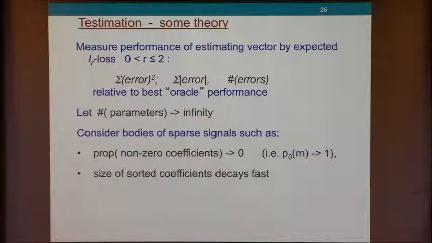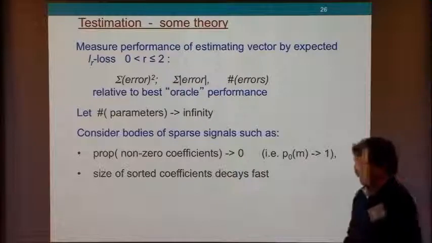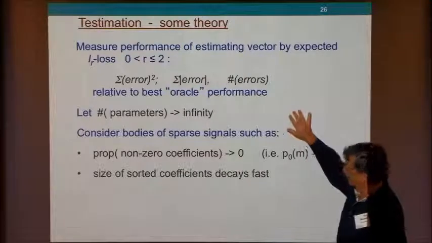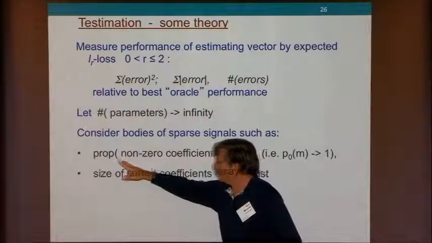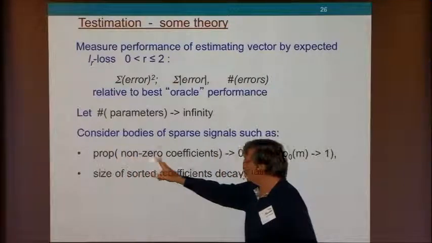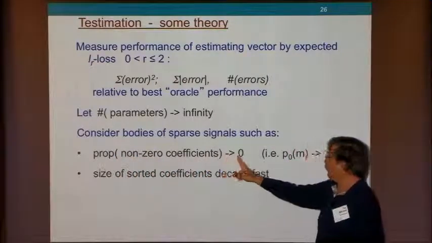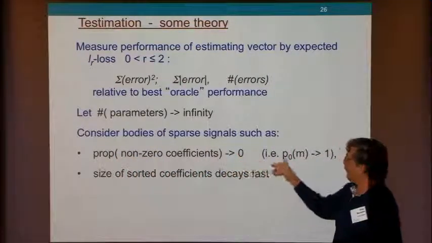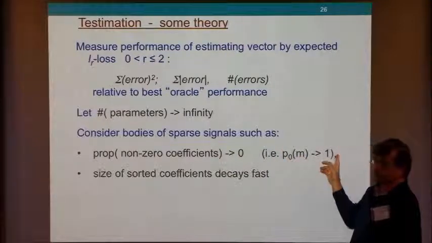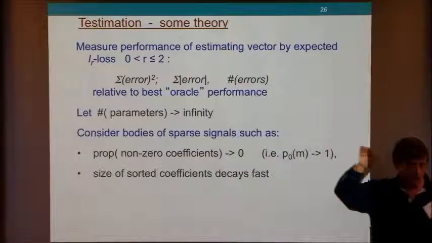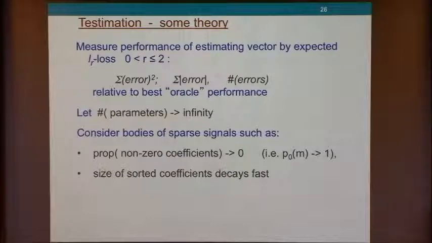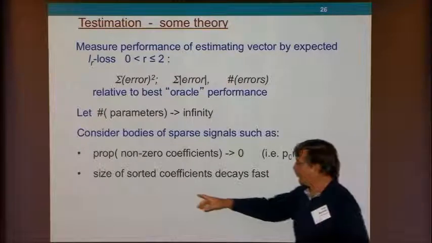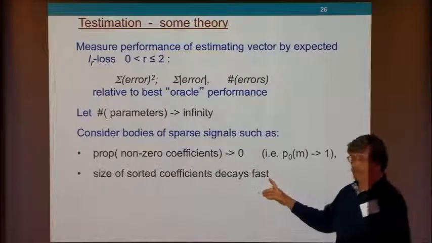And we deal with bodies of sparse signals, where I will not go into the mathematical part of it, but the interesting part is you look at the proportion of non-zero coefficients, and you let it go to 0. That is, the p_0 over m goes to 1. I mean, you're approaching the situation where most of them are zeros, null, and very few are not. On the other extreme, none of them is 0, but the size of the sorted coefficients decays fast.